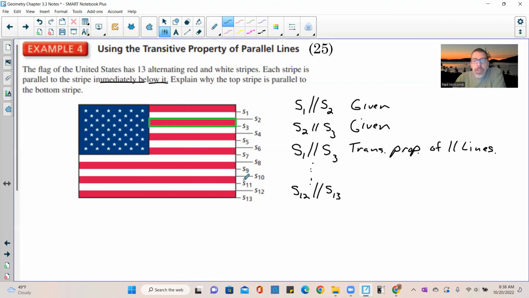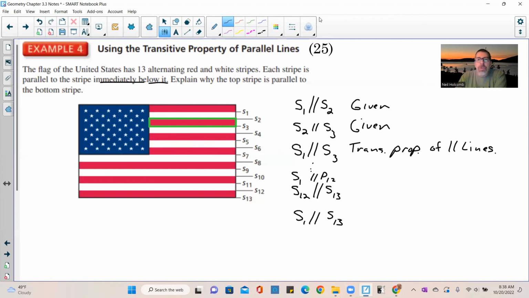And we would have worked our way up and said that S1 was parallel to S12 before this, so then we could say S1 is parallel to S13. So it would just be repetitive all the way down: immediately below, transitive property, over and over.